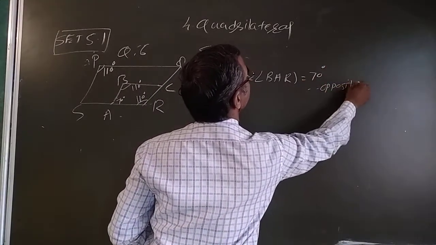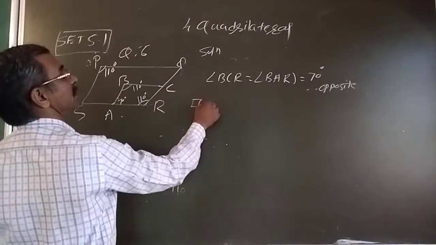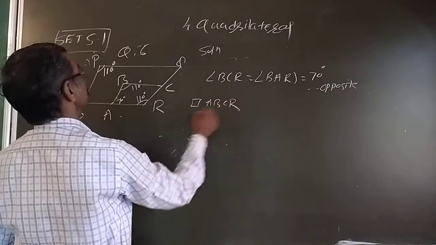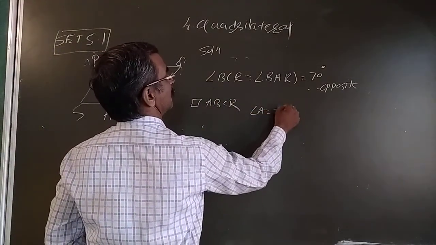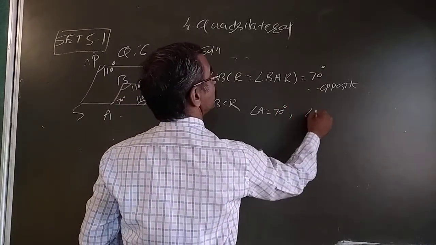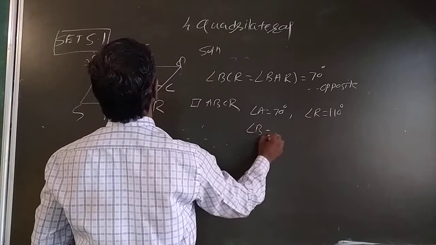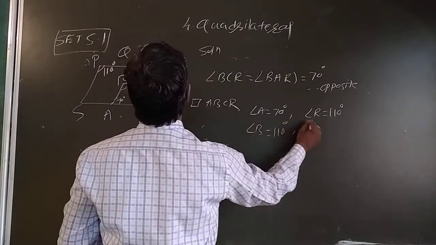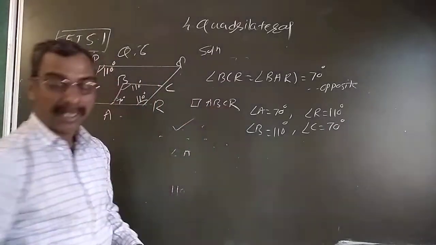So we have found all the angles of parallelogram ABCR. Angle A is equal to 70 degrees, angle R is equal to 110 degrees, angle B is equal to 110 degrees, and angle C is equal to 70 degrees. So this is our answer.